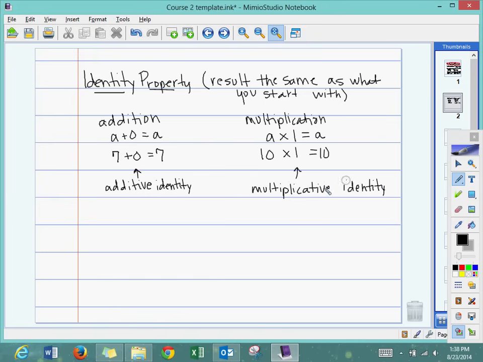That's a tough word to say, multiplicative. Practice with that a little bit, and that'll make you better at saying it. That just means that if I multiply 1 times a number, I'll get that other number.